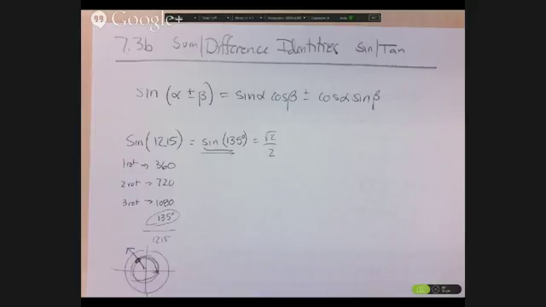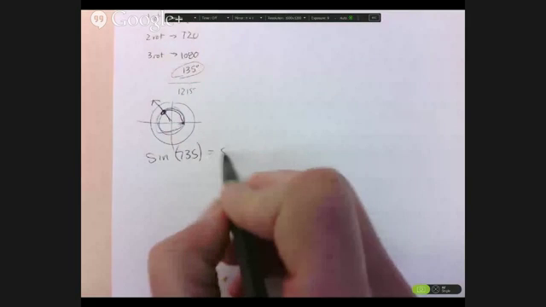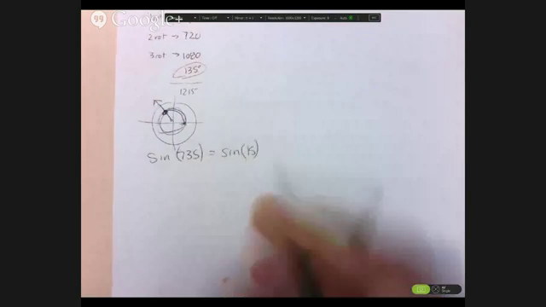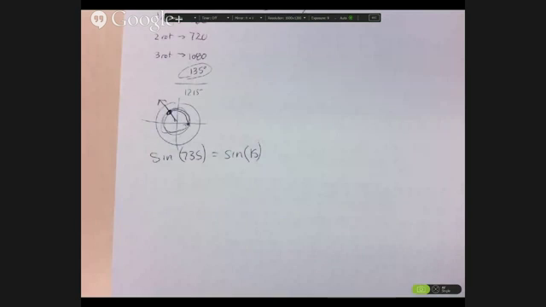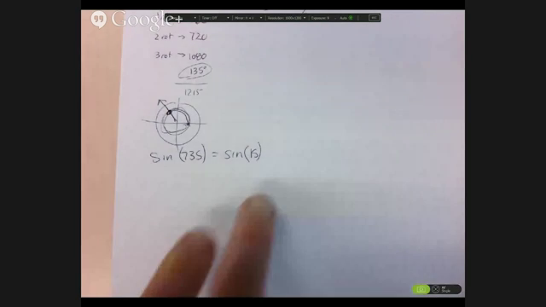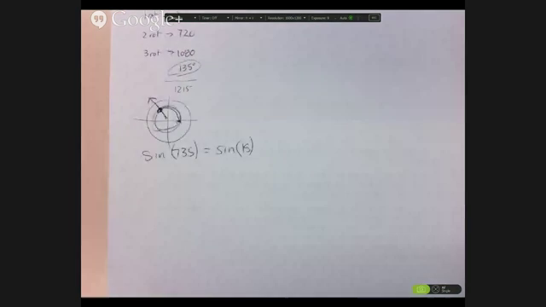How about 735? Why is that true? Yeah, 720 plus 15. So these are equivalent expressions.